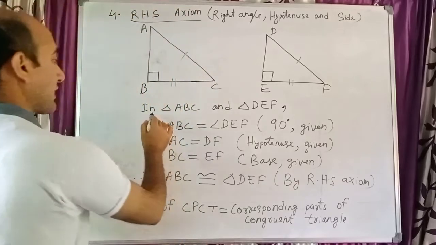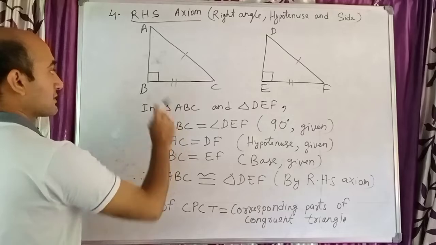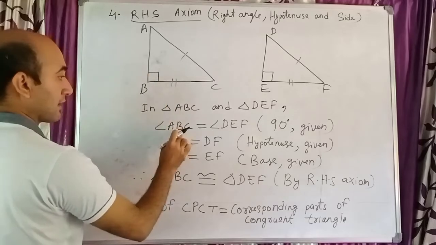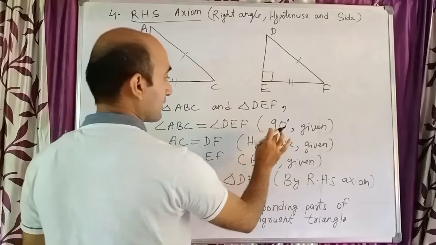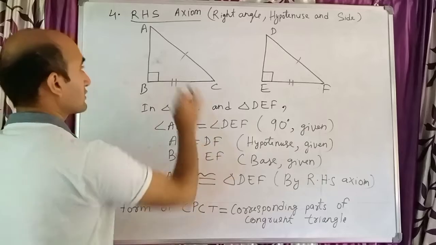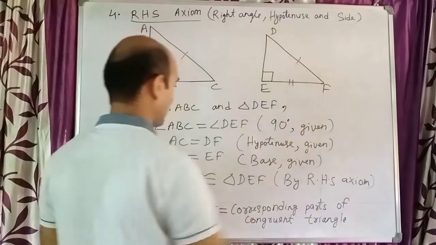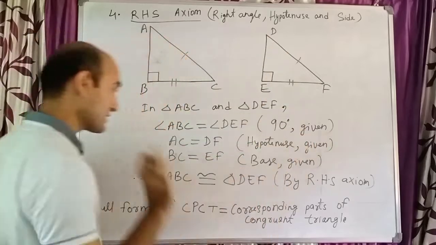So here I wrote, in triangle ABC and triangle DEF, angle ABC, that means angle B, and angle DEF, that means angle E, both are equal because both are 90 degrees, it is given also. AC equal to DF, both are hypotenuse, and given it is equal.